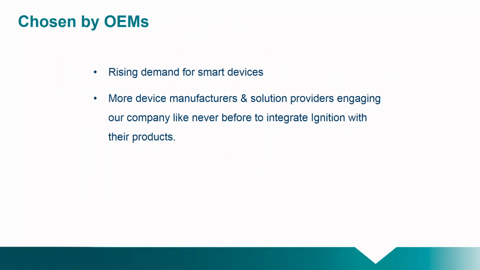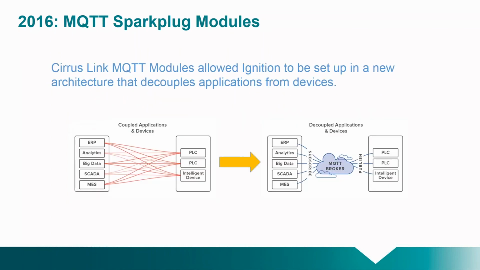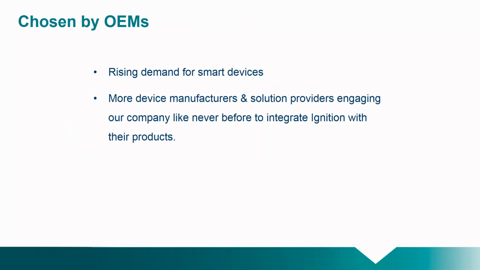Ignition Edge takes advantage of this. So we offer an MQTT module offering with Ignition Edge. We've seen that Ignition Edge is being chosen by OEMs even more for either pre-installation on the devices or for having a set of install instructions that give you a quick start guide for how do I get started, how do I install Ignition, put this on the device, and be up and running in a few minutes.